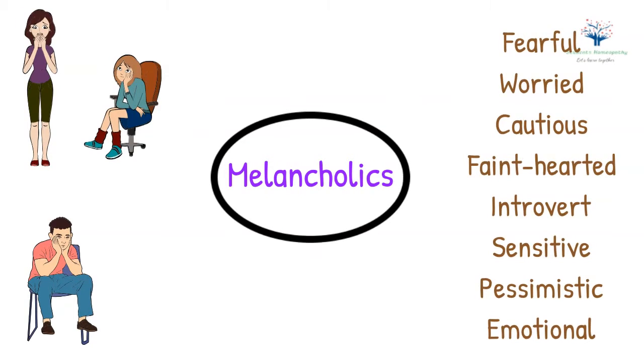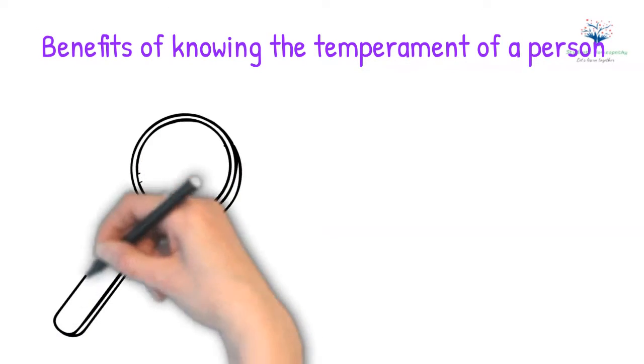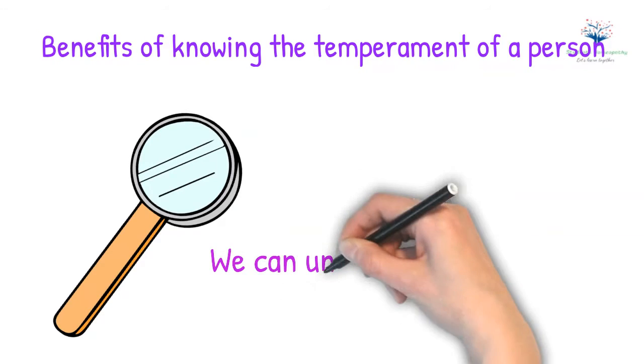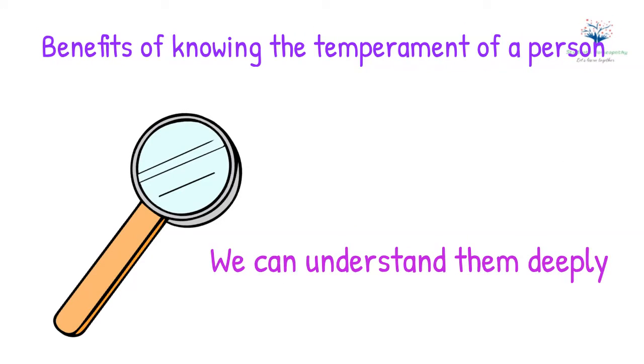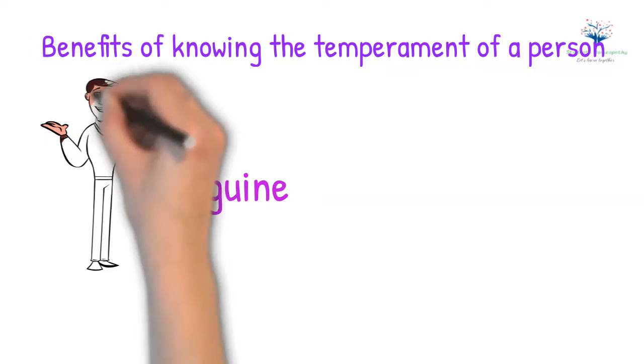So, what are the benefits of knowing the temperament of a person? The most important benefit is that we can understand people deeply and behave accordingly with them. For example, we will not rely on the promise of a sanguine predominant individual.